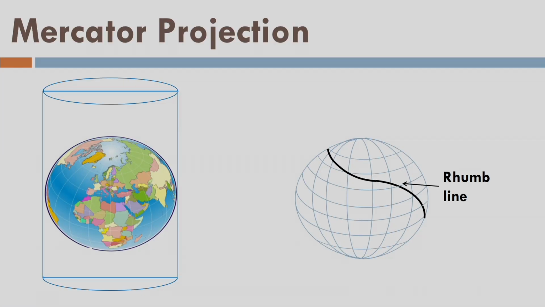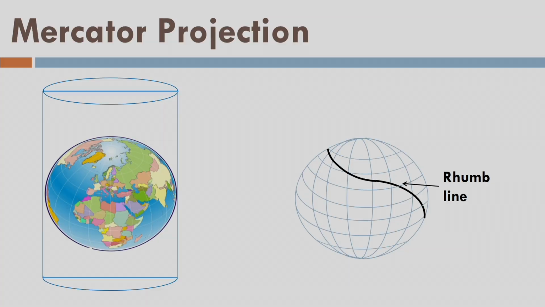Now the Mercator projection is a class of cylindrical projection, and we have already discussed it in the animation. So let us look a little more into that. There is a Mercator projection shown here. That means there is a cylinder covering the ellipsoid, and now I am going to project the ellipsoidal points on the cylinder.